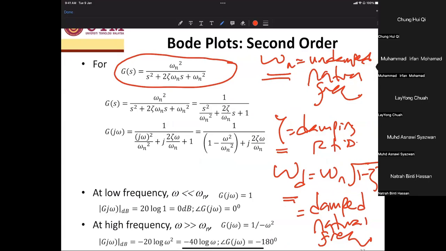One is undamped, one is damped. Like twins, but not the same: omega n and omega d.